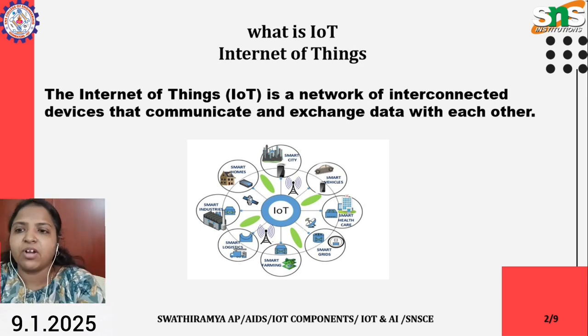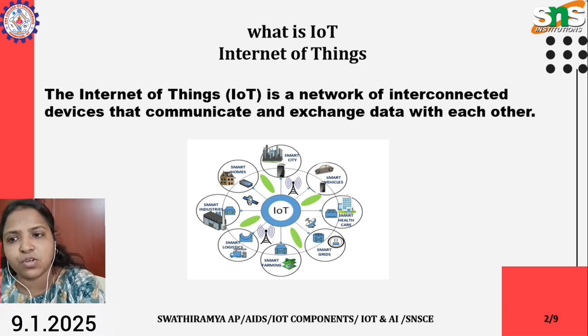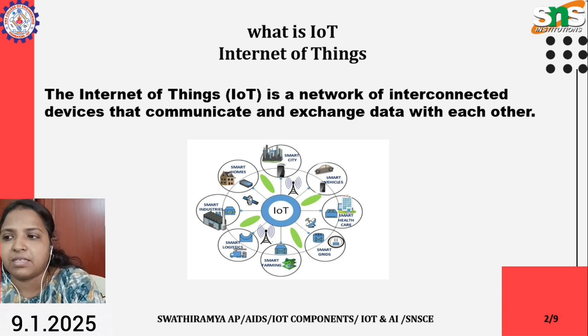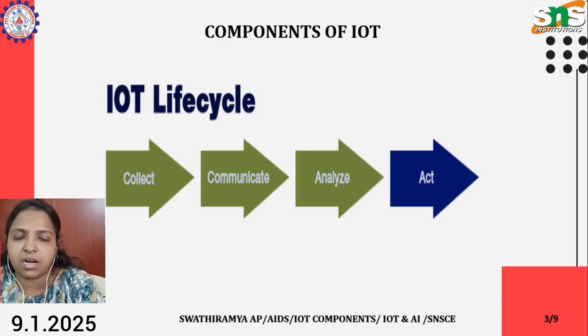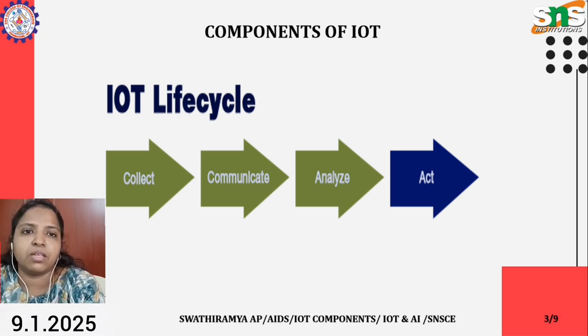Let's discuss the components of IoT. As I told you before, IoT is a connection of devices. The devices can be real-time things, like a vehicle or an object, any kind of device which should be embedded with a sensor, and should have the support of software and also network connectivity. We connect these n number of devices together for the purpose of communication. These devices should be able to communicate with each other without human interference.